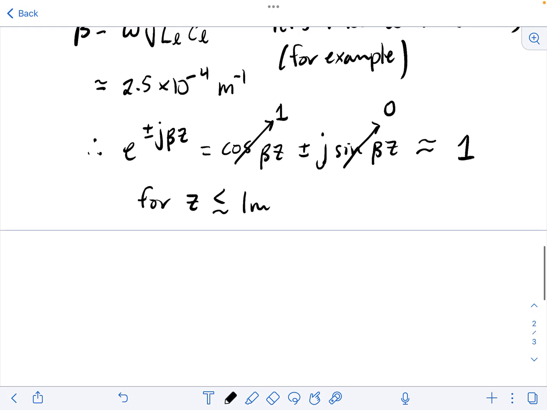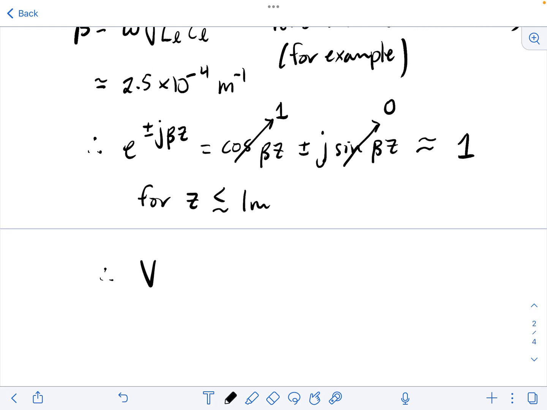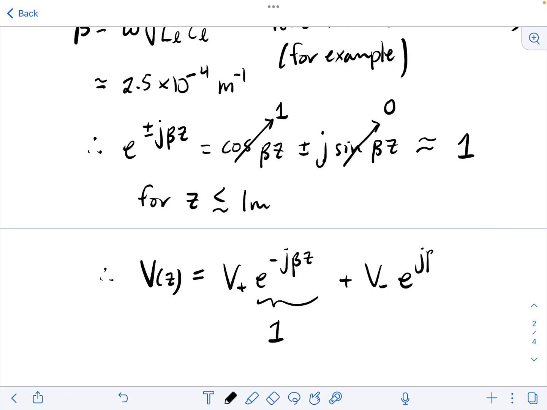So therefore, when you calculate how the amplitude of the voltage varies along the length of such a transmission line, say a 1 meter length when the frequency is 10 kilohertz, that's going to be equal to the V plus coefficient e to the minus j beta z. But we've just argued that e to the plus minus j beta z is just 1, so this is going to be 1. And then it's going to be plus V minus e to the plus j beta z. But again, that exponential is just going to be 1.